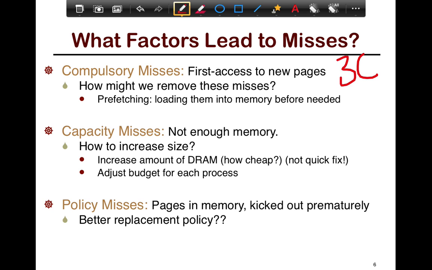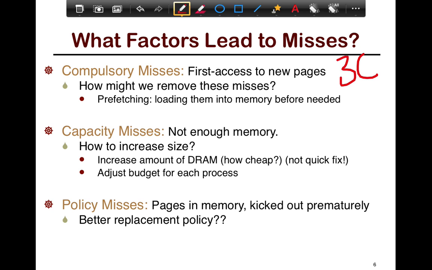Better management policies won't make a difference because it's the first time you're touching the data, and the only way you can avoid it is if you predicted the future, if you knew exactly what you were going to touch ahead of time. So prefetching is a standard strategy that's used. Normally, people prefetch sequential things. If I touch some piece of data in a file, I bet that you're going to access the next data in the file as well and bring all of that in at the same time.